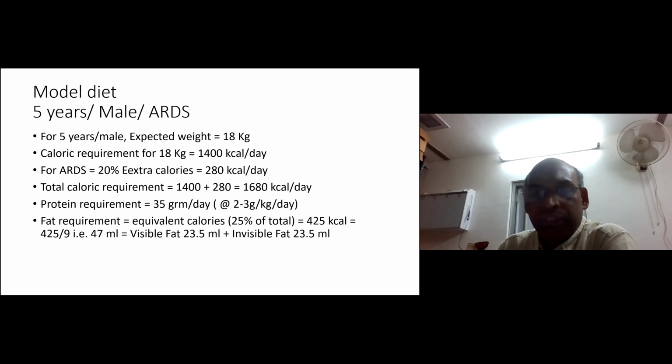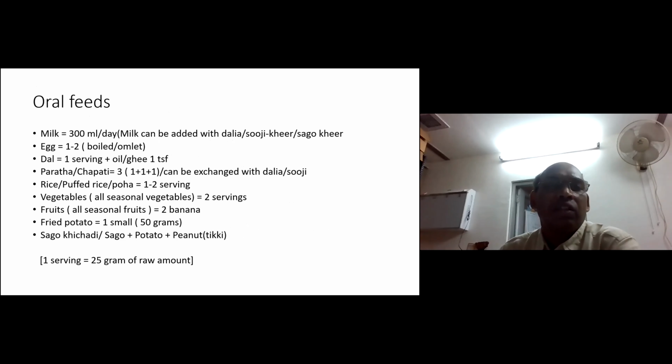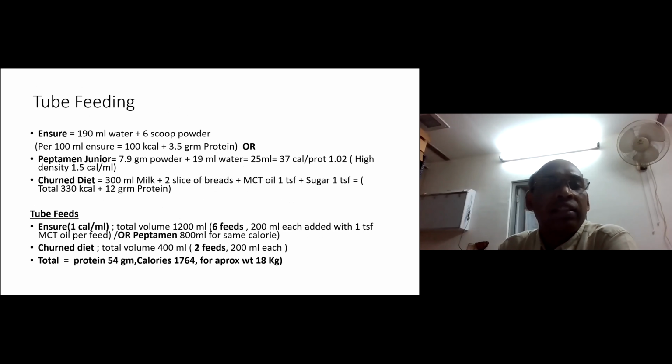By oral means we can give milk products, eggs, normal feed, fruits, vegetables, and a combination of these foods. If he is not able to take orally, tube feed can be given.